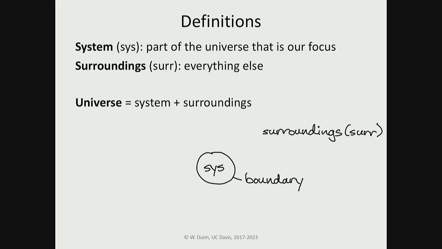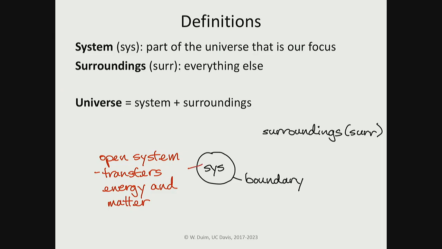We'll talk about three different types of systems. The first one is an open system. An open system can transfer energy and matter, okay, between the system and the surroundings.